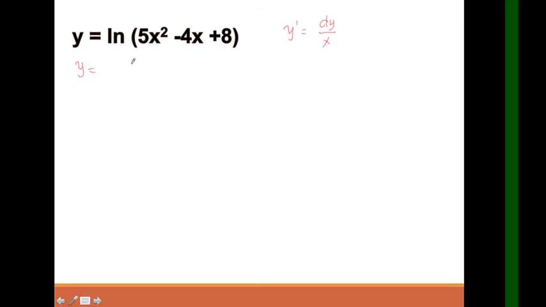So, that is 2 times 5, that's 10x and then minus 4. Yun lang kasi this is equal to 0. Cancel na yan. 2 minus 1 is 1. That's why we have still x. And then sa ibaba naman, we have 5x squared minus 4x plus 8. Okay? So, that's our final answer. So, ganun lang siya kadali.